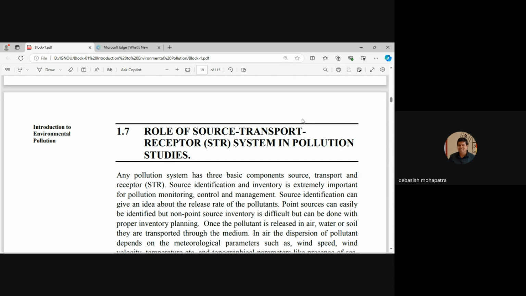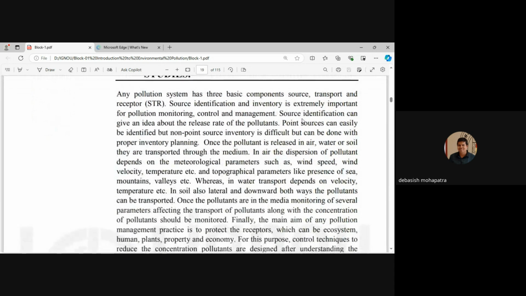Once the pollution is released in air, water, or soil, it is transported through the medium.